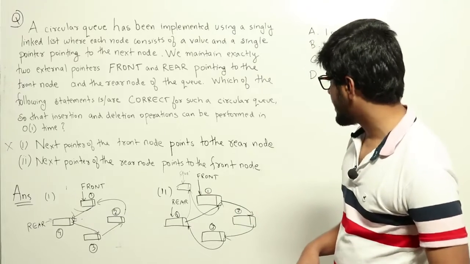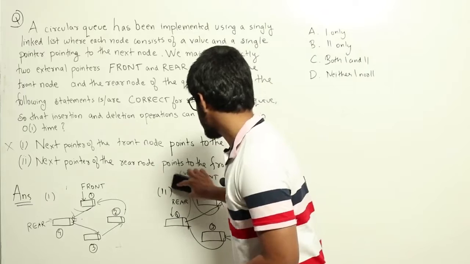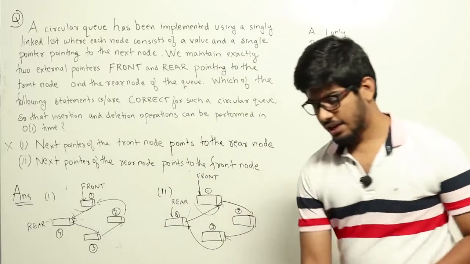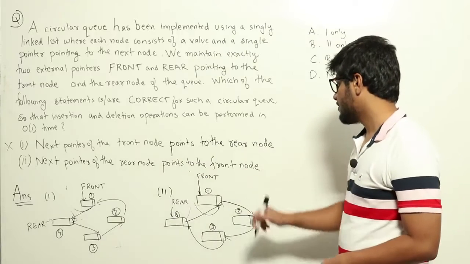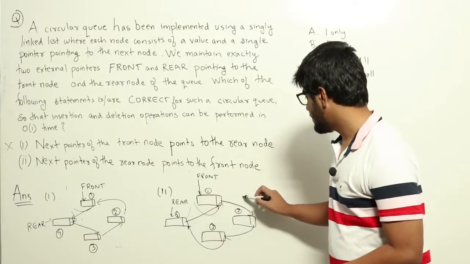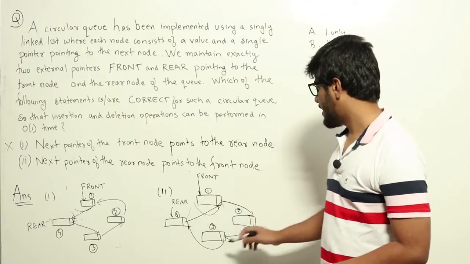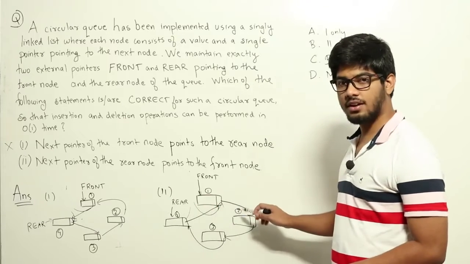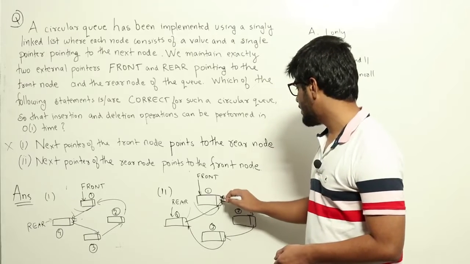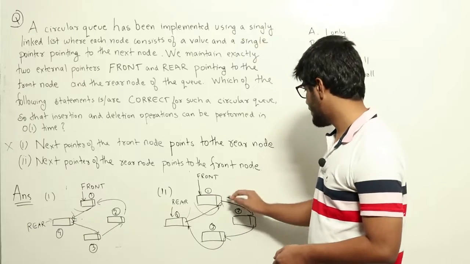Now let us try deletion. Deletion should happen at the front of the queue, so this node I have to delete. After deleting this node, I need to make this node the front node, and from the rear node I need to point to the second node. Clearly in the front node I have stored the address of the second node using this pointer.